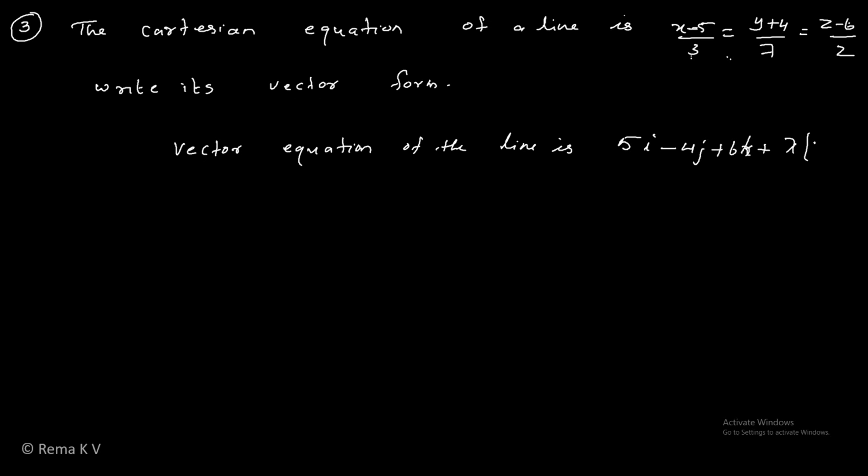Lambda b is 3i plus 7j plus 2k. So this is the vector equation: 5i minus 4j plus 6k plus lambda into 3i plus 7j plus 2k.